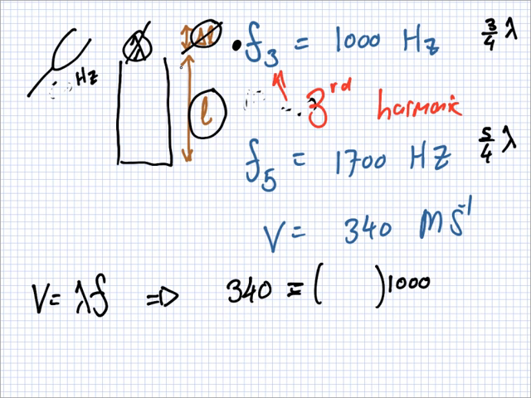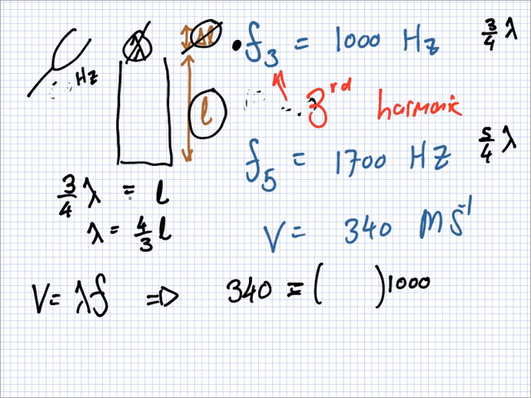So if I know the length, can I know the wavelength? Well, let's say there was no error. Let's say this was a perfect measurement. Then we know 3/4 of the wave is equal to the length of the pipe. So we could say that the wavelength would equal 4/3 the length of the pipe. But the problem is, it's not 3/4 of the wave equals the length of the pipe.